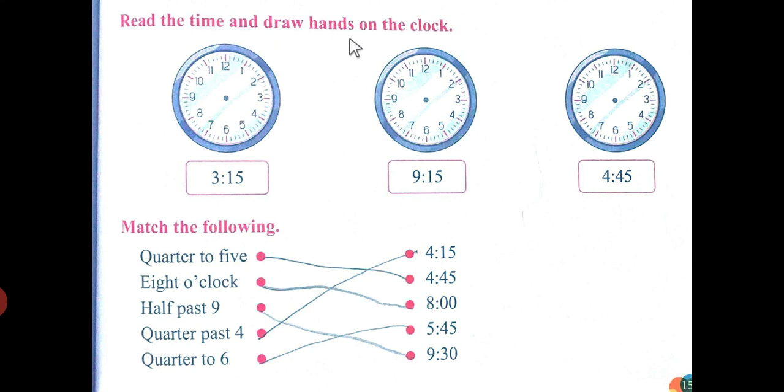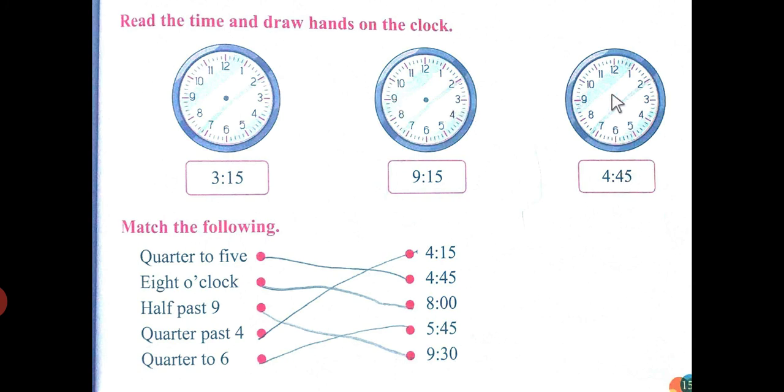Now read the time and draw the hands on it. So 3:15, that means the hour hand will be on 3 and the minute hand will also be on 3. So 9:15, the hour hand will be on 9 and the minute hand will be on 3.